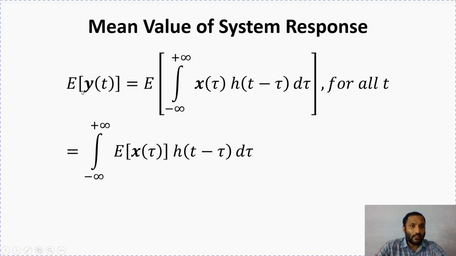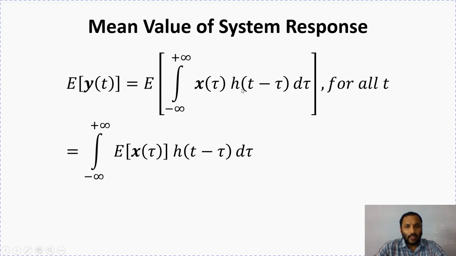For each value of t, it is given by this expression here. Don't think that this is the expectation of one random variable. This is the expectation of the random process, or we are trying to find the average of the random process. Now, this integral can be simplified by taking the expectation inside the integral.